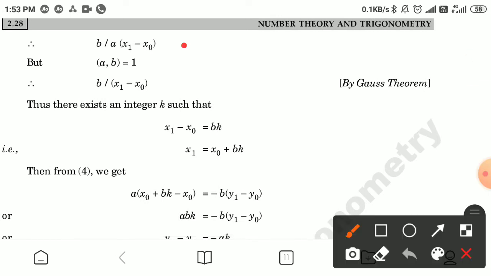Therefore we can say b divides a(x1 minus x naught), but a and b are coprime. Therefore b divides x1 minus x naught by Gauss theorem. Thus there exists an integer k such that x1 minus x naught is equal to bk, that is x1 is equal to x naught plus bk.